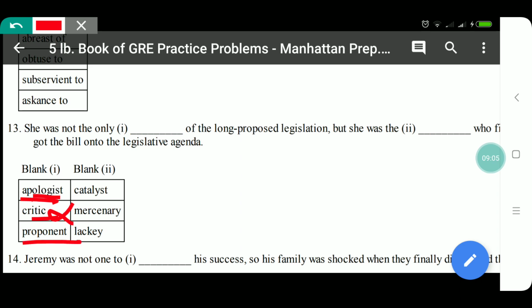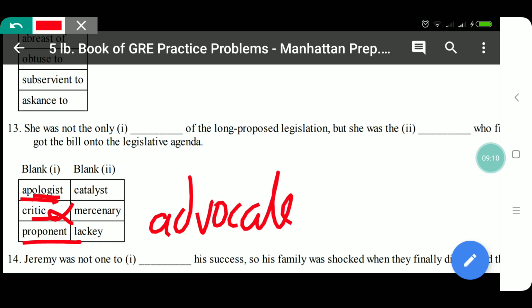But you see another option, which is proponent. Proponent means advocate of some proposal. Now she was a supporter, of course. That's why she brought the change. She was an advocate of that proposal. Advocate means someone who supports publicly and talks in favor of that proposal.